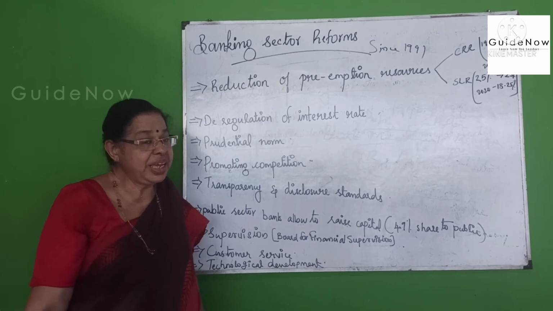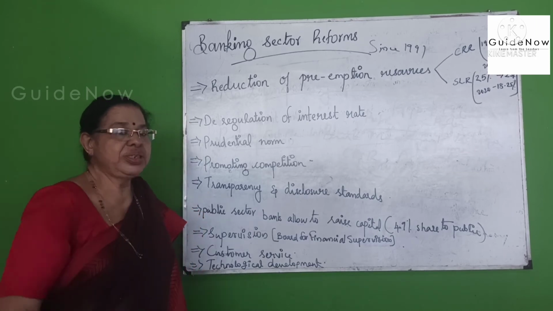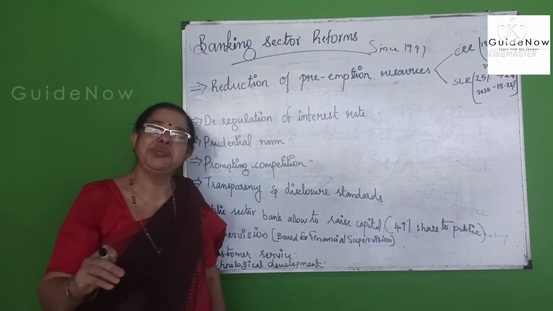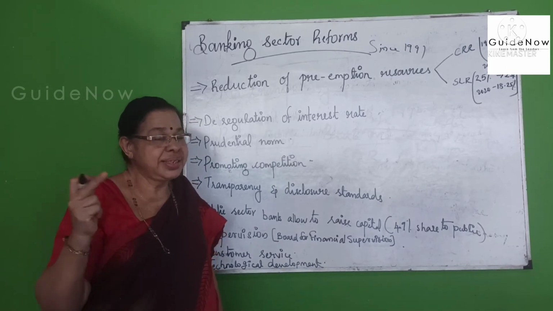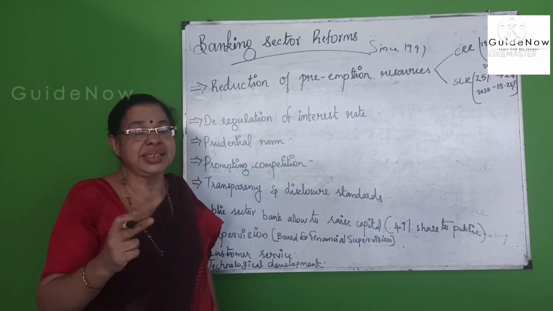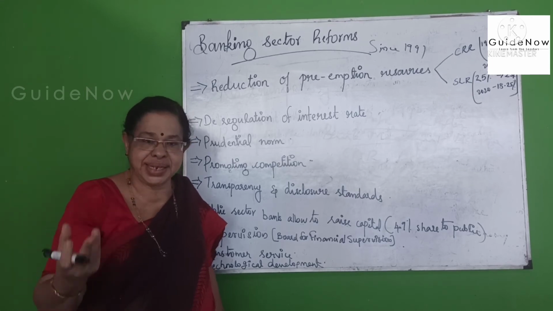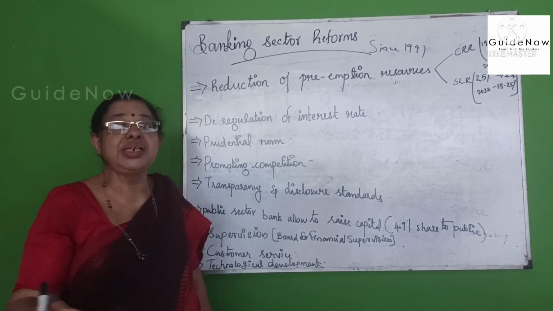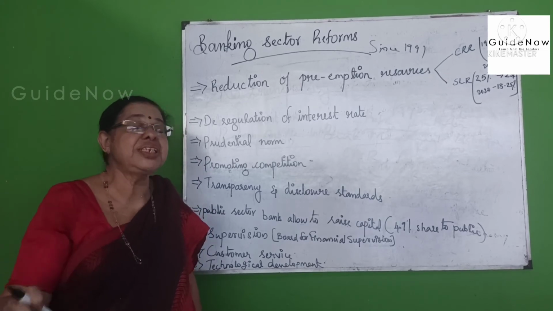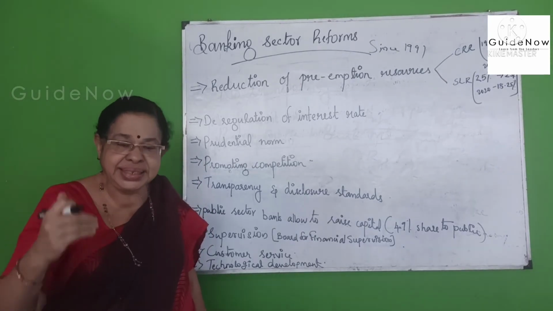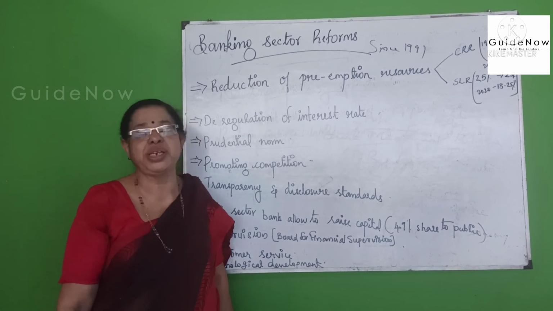Reduction of pre-emption of resources. Before this we studied that there are two important resources: one is CRR and the other is SLR. If you increase the CRR and SLR, this may adversely affect banking business or transactions, and at the same time it will reduce the profitability of the bank.